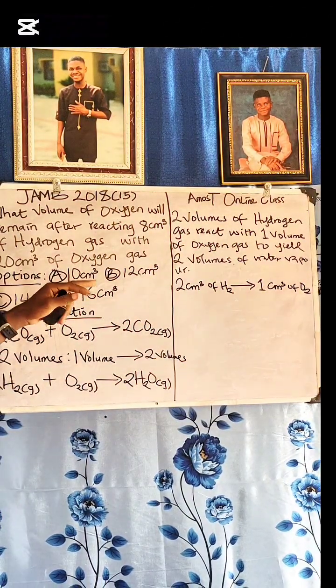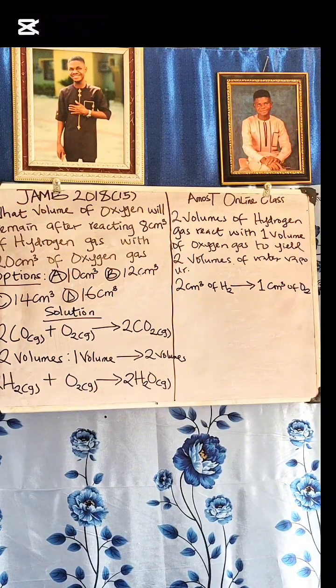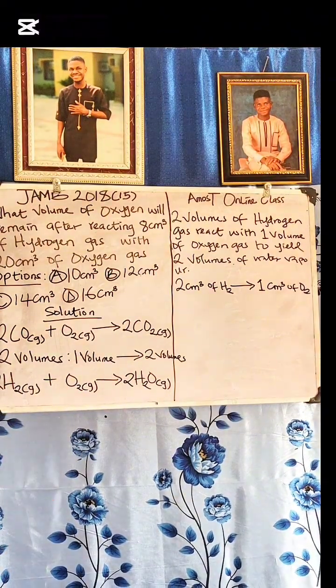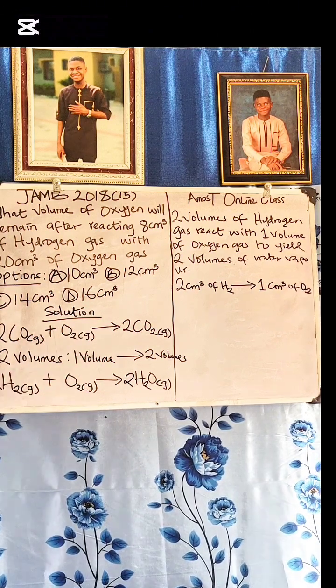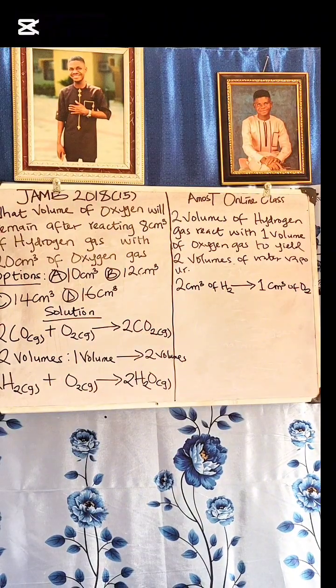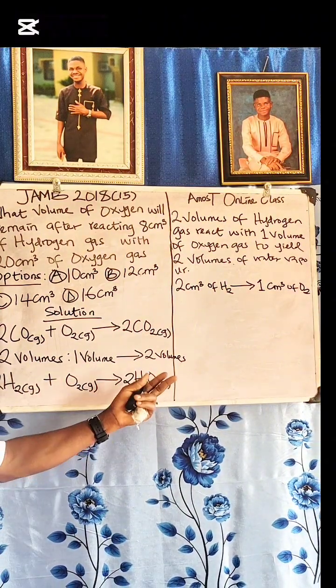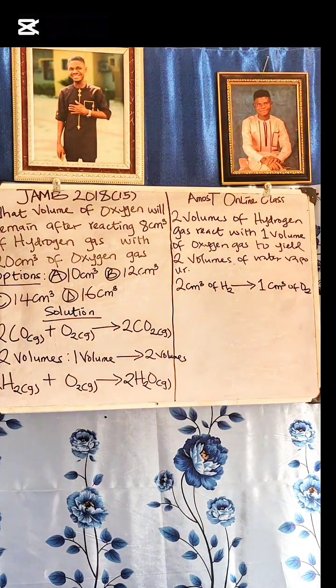Now the question says we should find the volume of oxygen that will remain after reacting with 8 cubic cm of hydrogen gas. What then will be the volume of oxygen gas that will be used up in the reaction with 8 cubic cm of hydrogen gas?